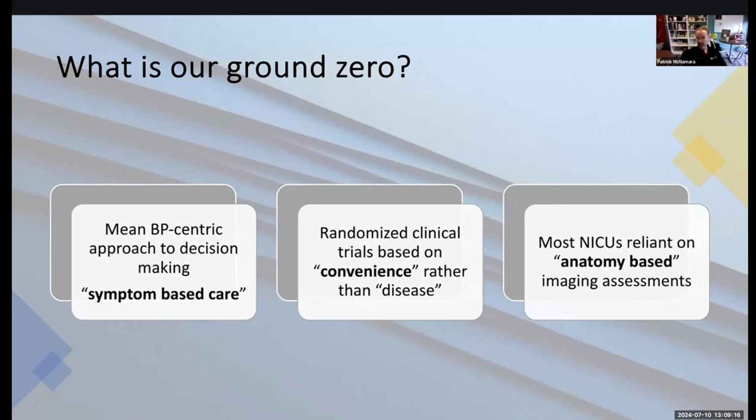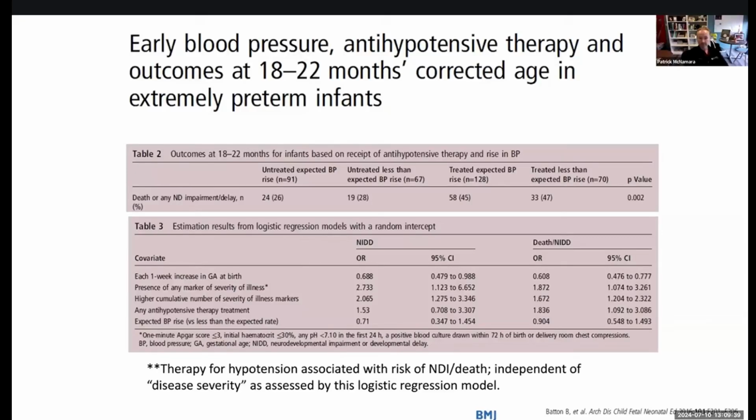And then finally, most people struggle with very infrequent or periodic echocardiography. And when it is done, most of the information provided to the neonatologists is based on an anatomy-based imaging assessment, a protocol that's designed for anatomy that is used to provide some physiologic information. And oftentimes that information is very limited.